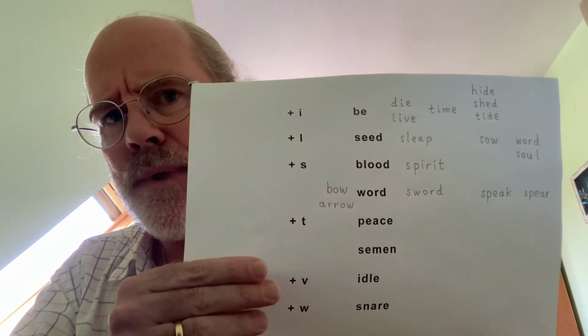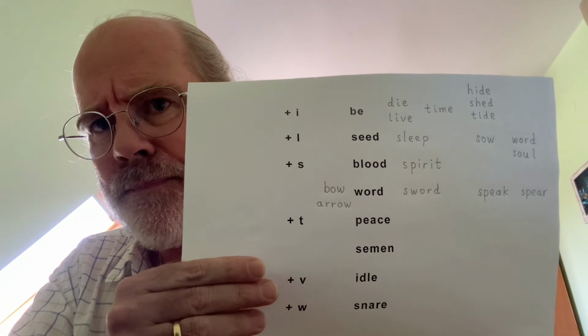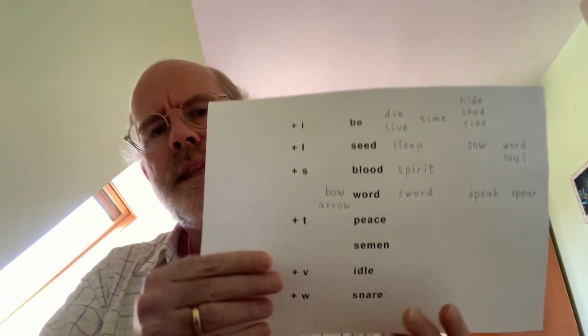Speak is linked with spear. And I think this also harks back to the creation of the world in the book of Genesis. I believe that God spoke the world into being, and there also his word became physical creatures, a physical environment.